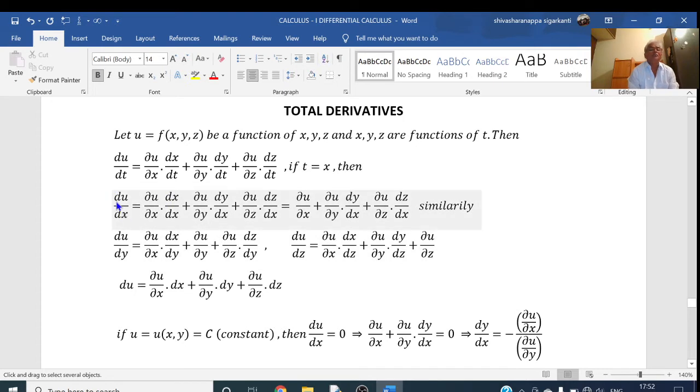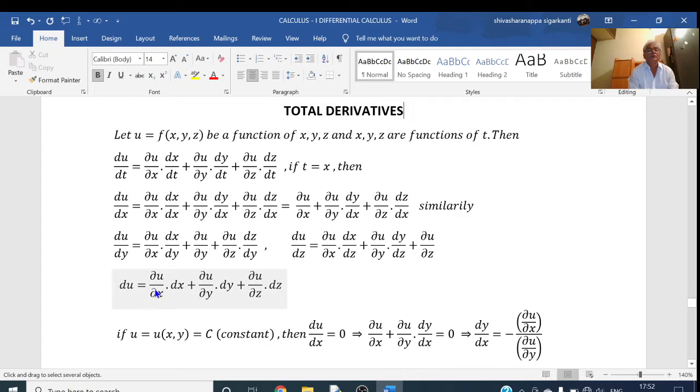Now here we have du by dx is equal to dou u by dou x plus dou u by dou y into dy by dx plus dou u by dou z into dz by dx. Then this equation gives, if I write just du, dou u by dou x into dx plus dou u by dou y into dy plus dou u by dou z into dz.